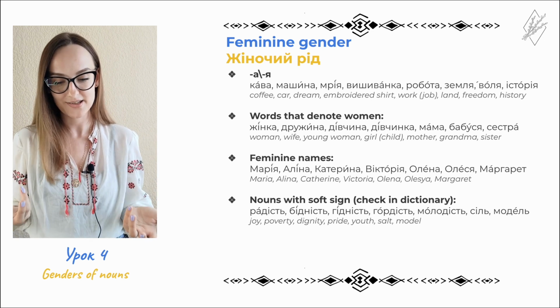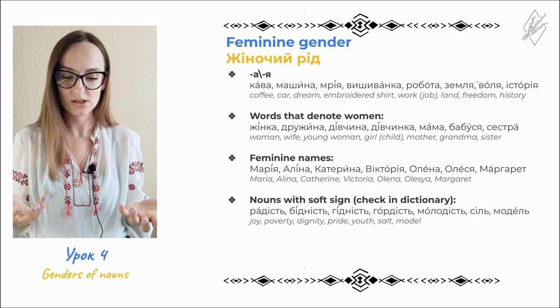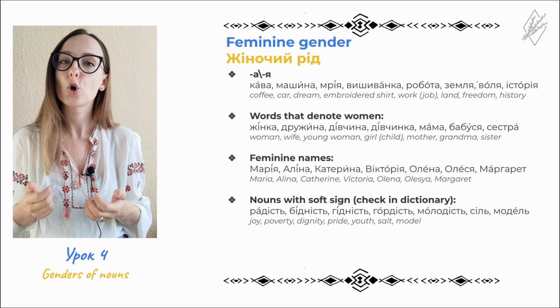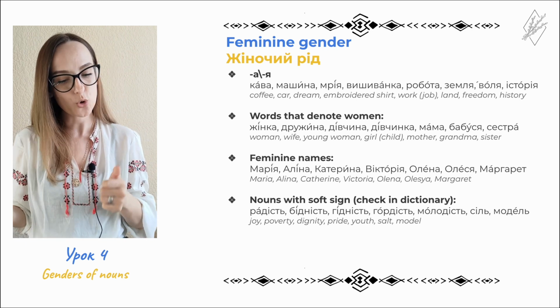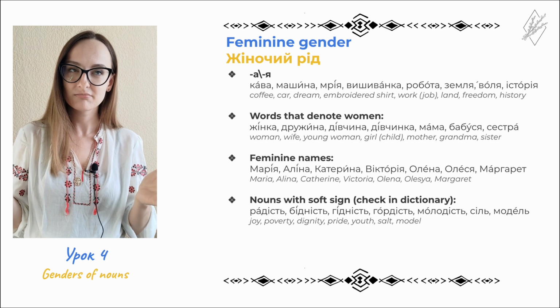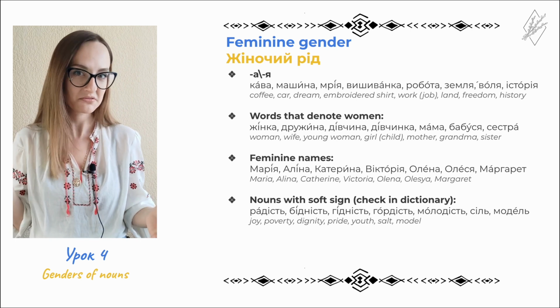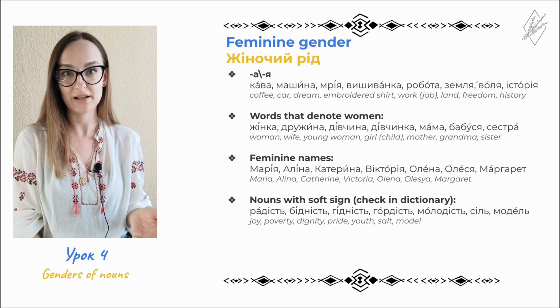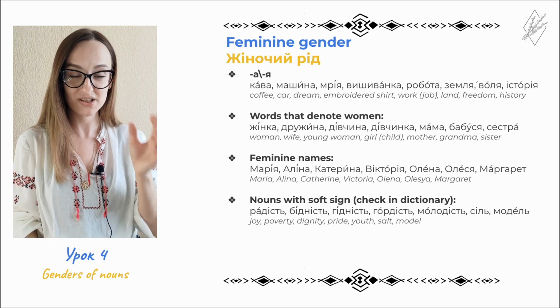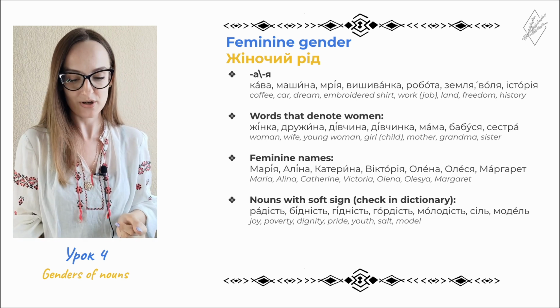Examples. Радість, бідність, гідність, гордість, молодість, сіль, not so abstract, but still feminine, and модель, as well, not very abstract, but still feminine. So we need to memorize it.